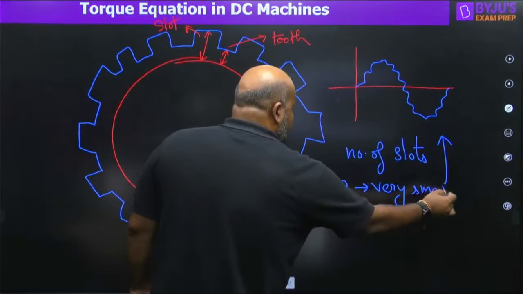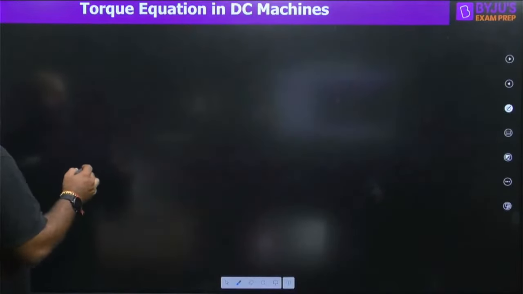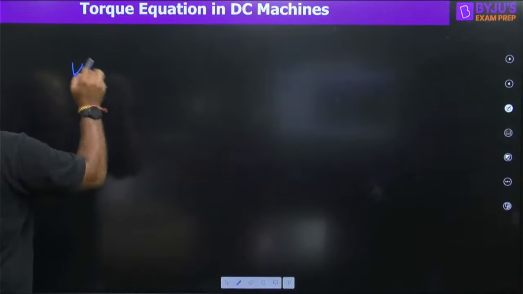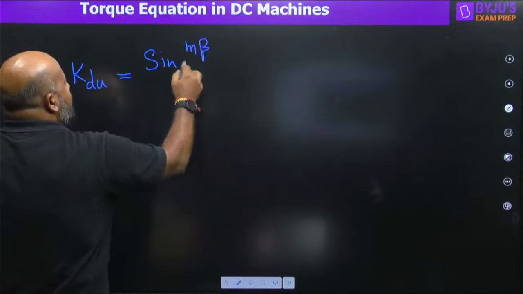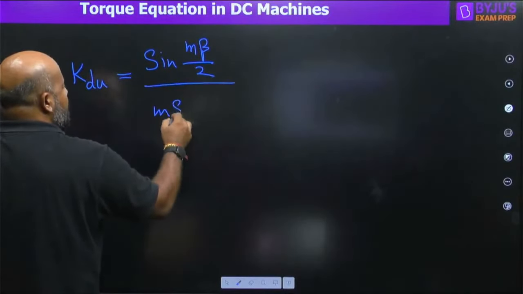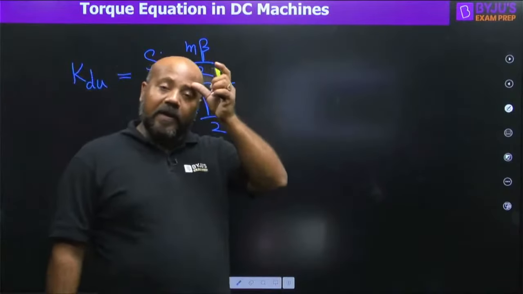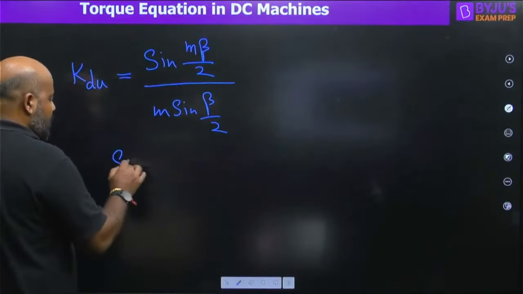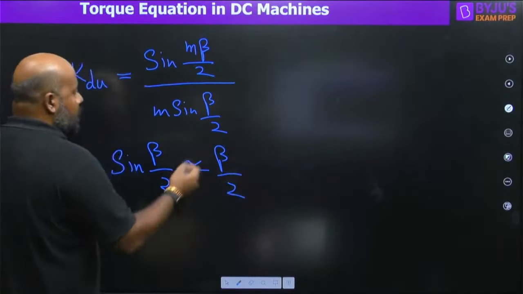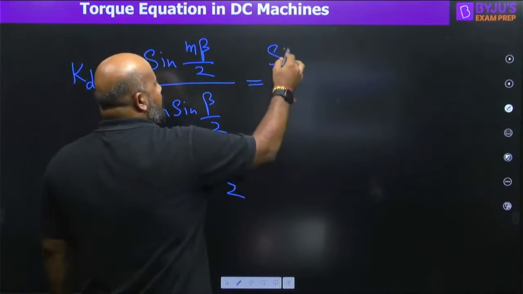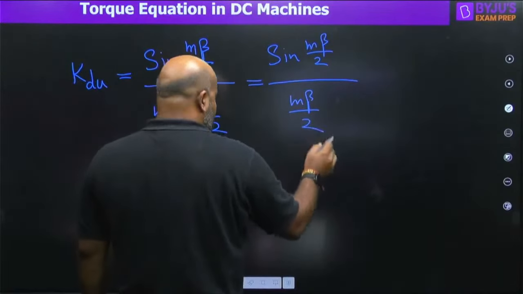Now when slot angle is very small, I am writing the distribution factor for the uniformly distributed winding as sine m beta by 2 divided by m sine beta by 2. Now for the uniformly distributed winding, beta is a very small value, so sine beta by 2 is approximately equal to beta by 2. So just write it here. It will become sine m beta by 2 divided by m beta by 2.